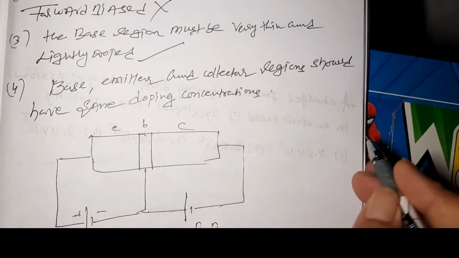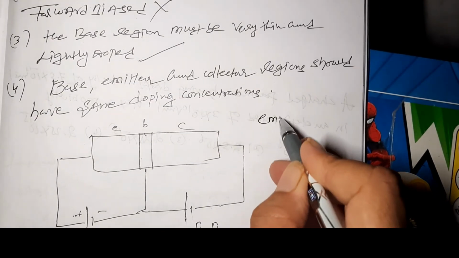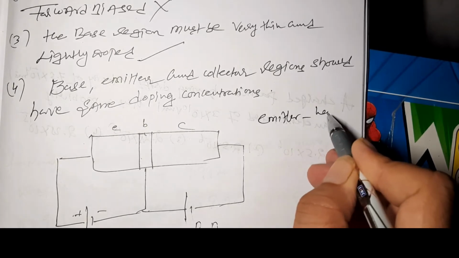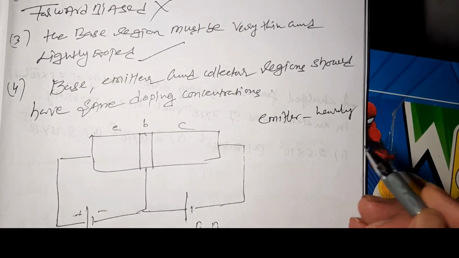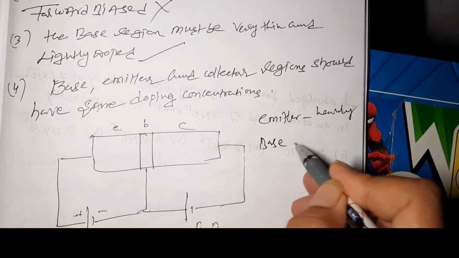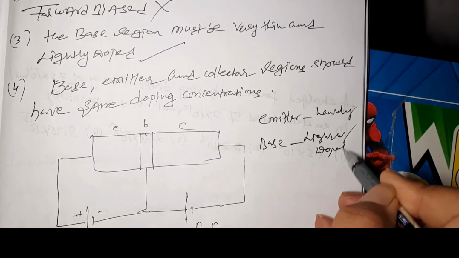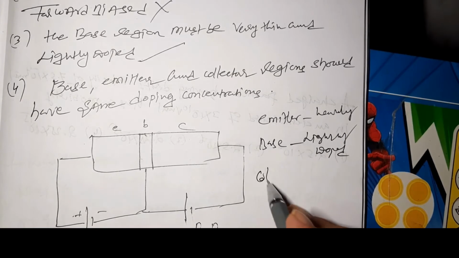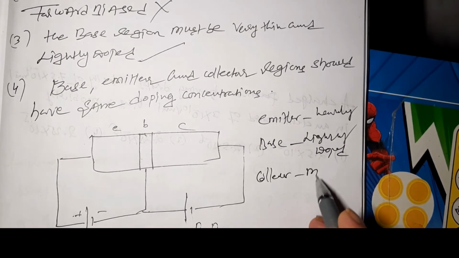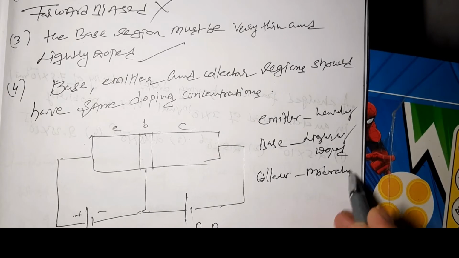Here in transistor, emitter is heavily doped, base is lightly doped, and the collector is moderately doped.